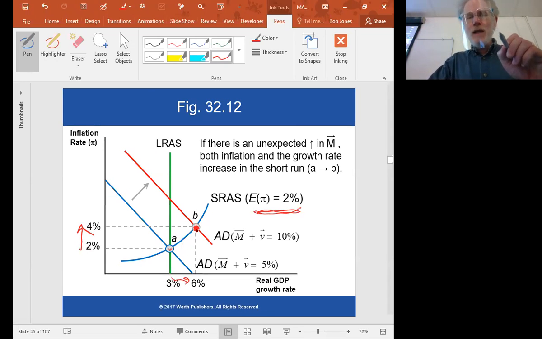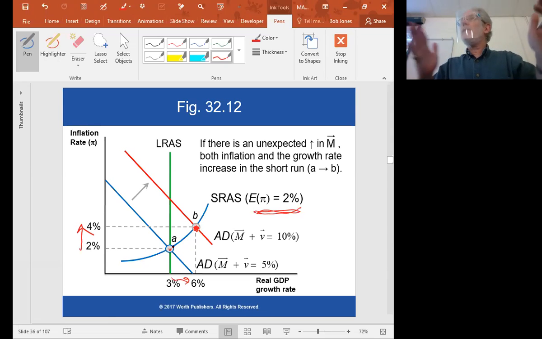But here we're saying, and this is largely based on ideas that came from Keynes and his students after him, that in the short run, in the period of time where prices haven't fully adjusted, an increase in inflation can give us an increase in the growth rate of real GDP. So we're getting a direct relationship between inflation and the growth rate of output. And that's giving us this upward sloping curve from A to B.